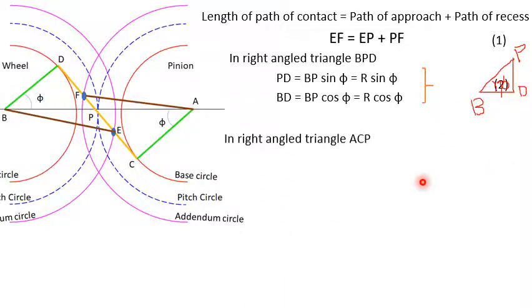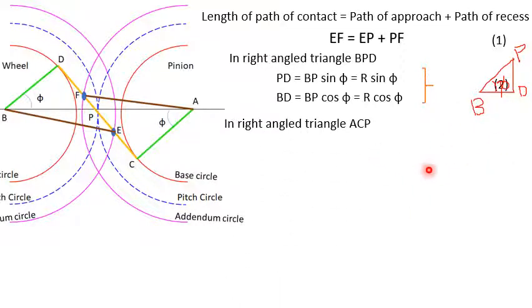Next, I will consider another triangle ACP. This is phi, this is A, C, P. So CP is the opposite side, therefore PA into sine phi.